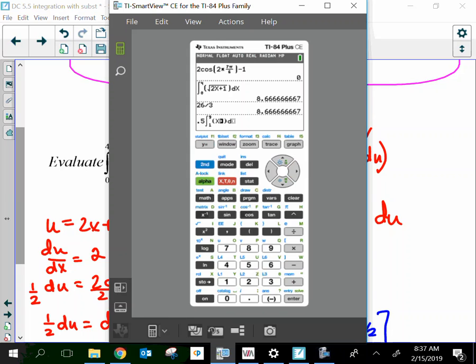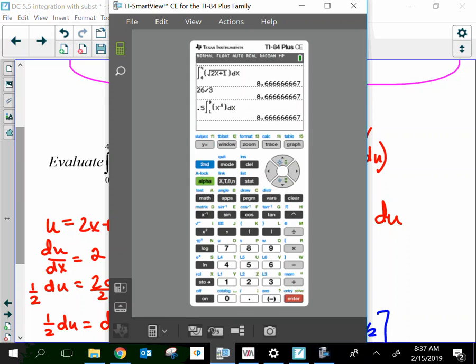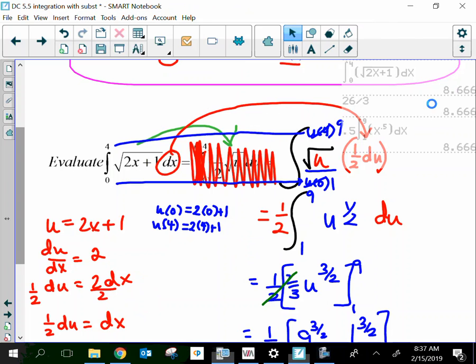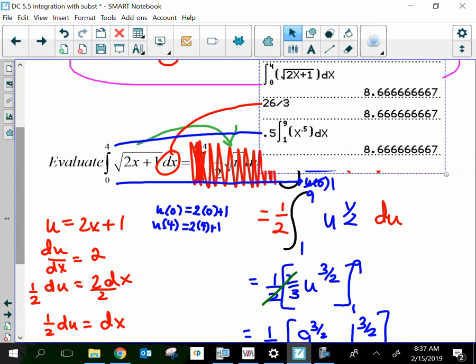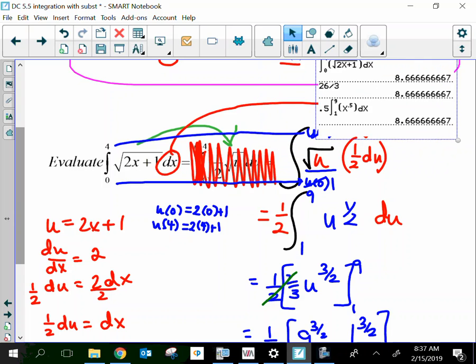We got to use x to the 1/2. It will give you the same answer, but I would start there to check because sometimes you might have made a mistake in that calculation. But either one of them will check, so you are good to check either one of them. Your best bet is to check the original one, though. Okay, any questions about the process?